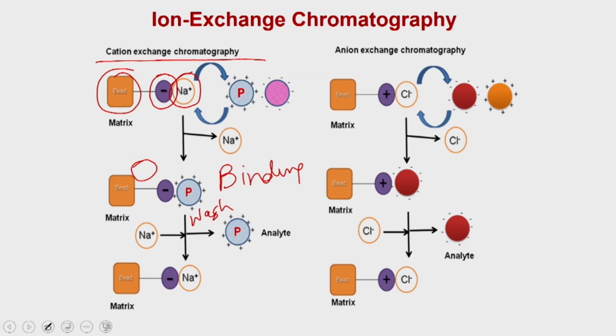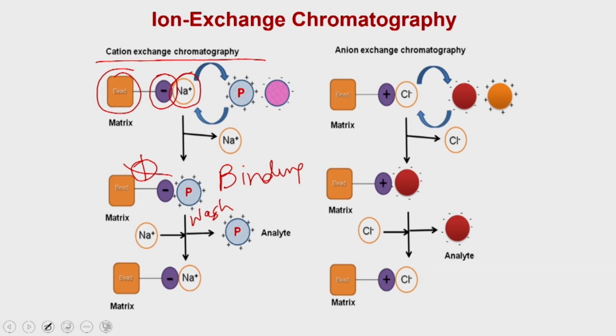These beads are made up of agarose or saccharose or some other kind of material, and they also have some non-specific affinity for proteins. So, once you wash the column with a washing buffer, these protein molecules which are not interacting with the functional group present on the beads are going to be removed.